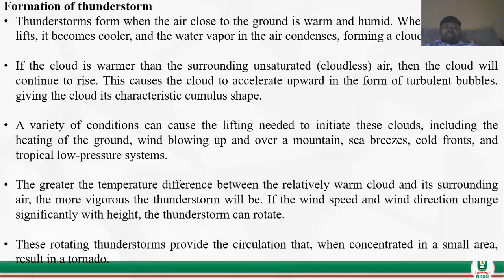The greater the temperature difference between the relatively warm cloud and its surrounding air, the more vigorous the thunderstorm will be. If the wind speed and wind direction change significantly with height, the thunderstorm can rotate. This rotating thunderstorm provides a circulation that, when concentrated in a small area, results in a tornado.